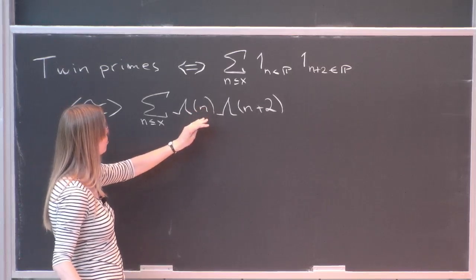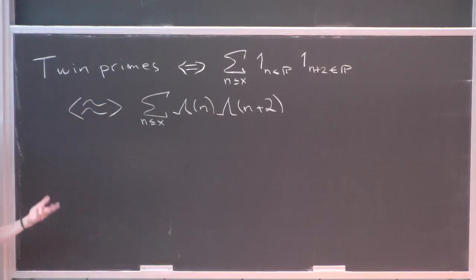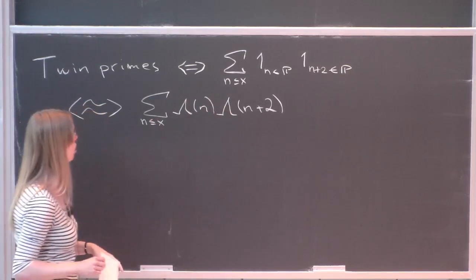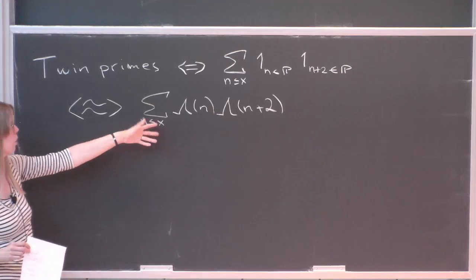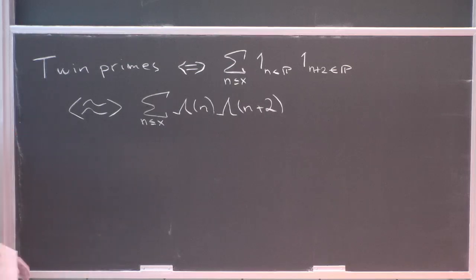Λ(n) and Λ(n+1) certainly know about each other. One of them is always 0. But then the question is, how about Λ(n+2)? What's happening if you look at the sum of this thing? If we can show a reasonable lower bound for this, in particular tending to infinity, then we can show that there are infinitely many twin primes. So it's interesting to study correlations of the von Mangoldt function.